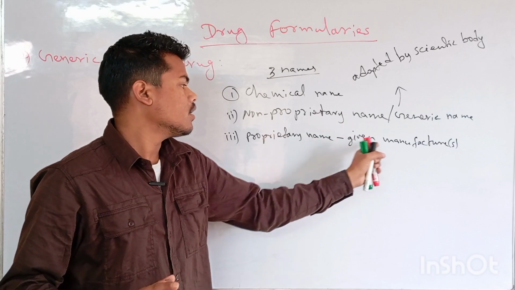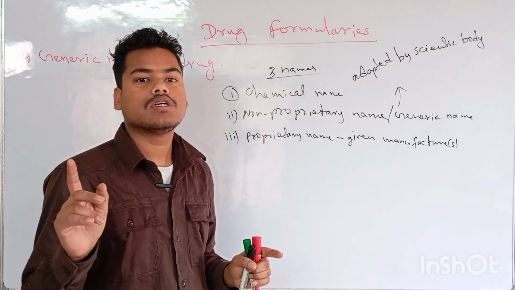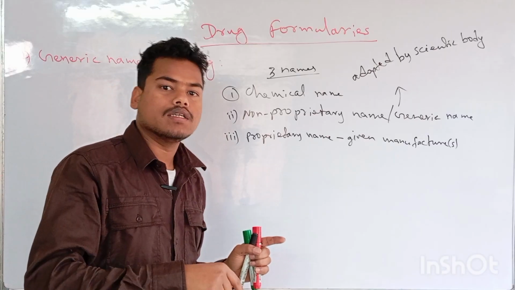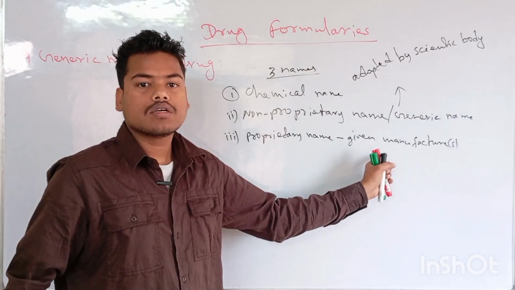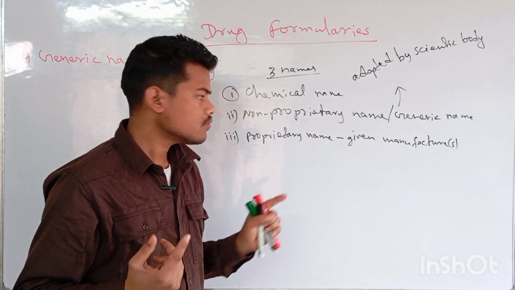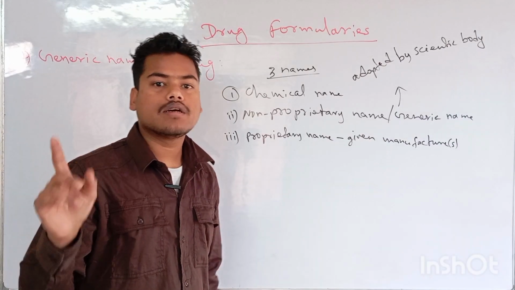This gives bias, and as medical persons we should not be biased. We should be biased only in quality, like whichever is the better quality drug and better tolerated in a particular patient, that drug should be prescribed by a medical practitioner.